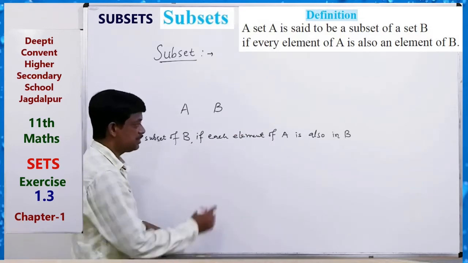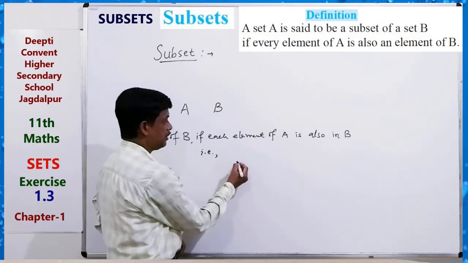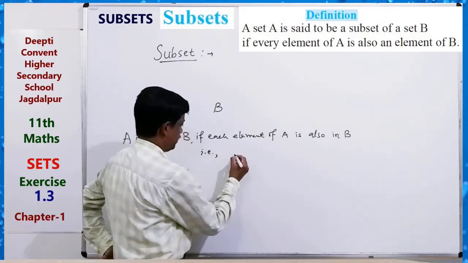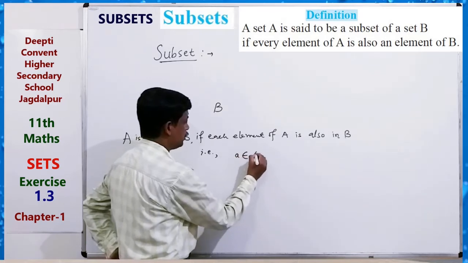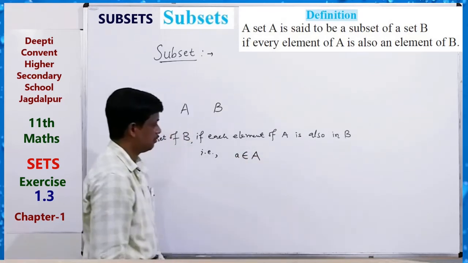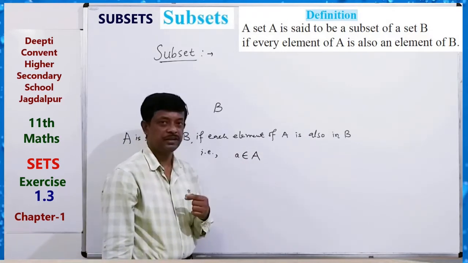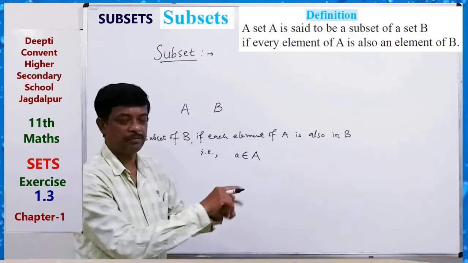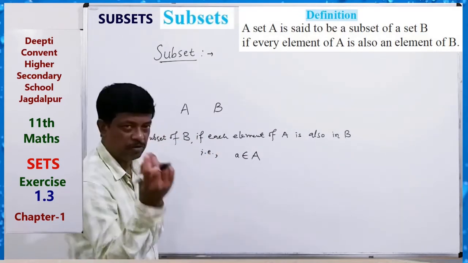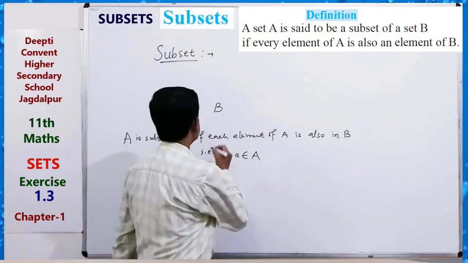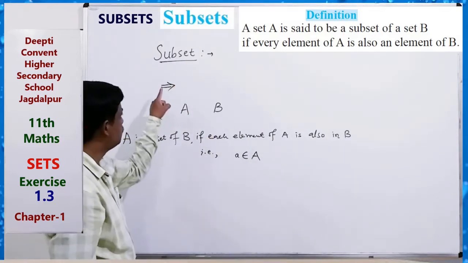Okay, that is, a belongs to A means a is an element of A. If a belongs to A, then it will also be an element of B. We use a symbol just like this: implication.